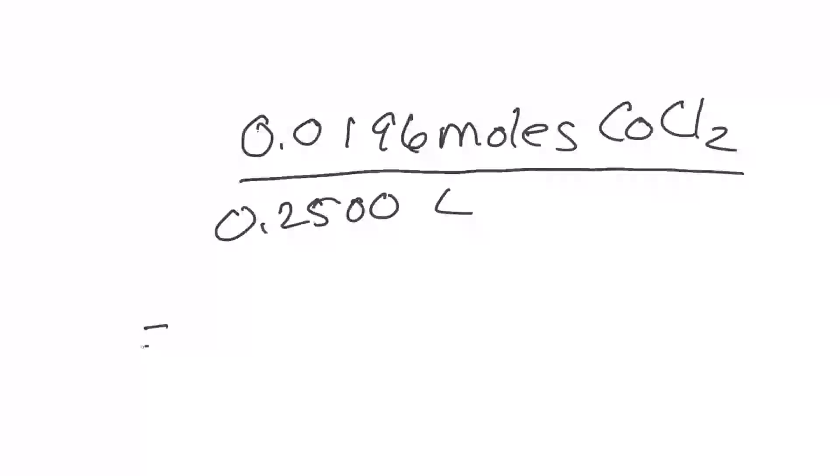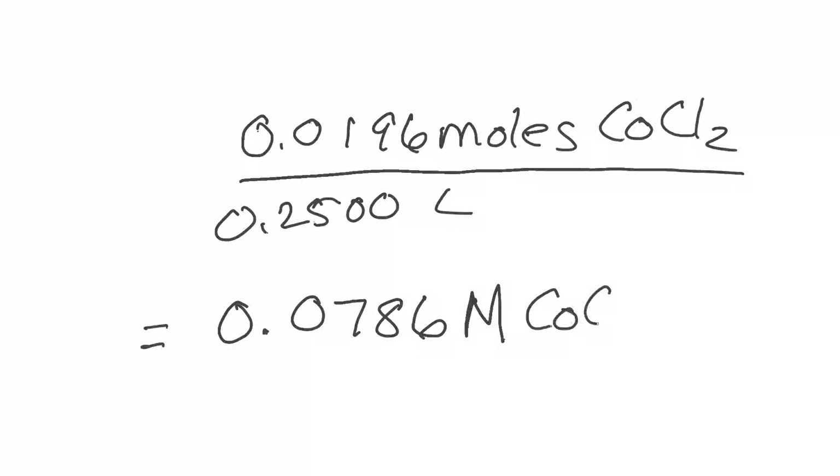If I divide the two, rounding to 3 significant figures again, I get 0.0786 moles per liter, or I could use just the capital M, and that's of cobalt 2 chloride. So there we have it, ways to solve for molarity, both a simple one and a little bit more difficult one, but I think you can do both. So give the problems a try, and thanks for listening.